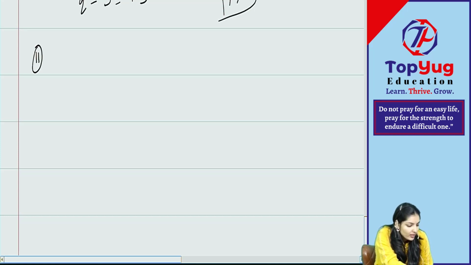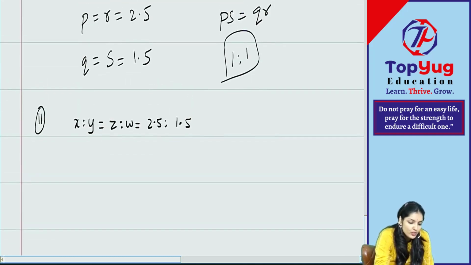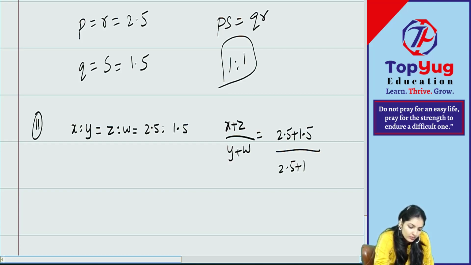Now the 11th one. If x is to y is equal to Z is to W is equal to 2.5 is to 1.5. Here you have to substitute x plus Z, y plus W. So x plus Z is how much? 2.5 plus 2.5. Y plus W is nothing but 1.5 plus 1.5.